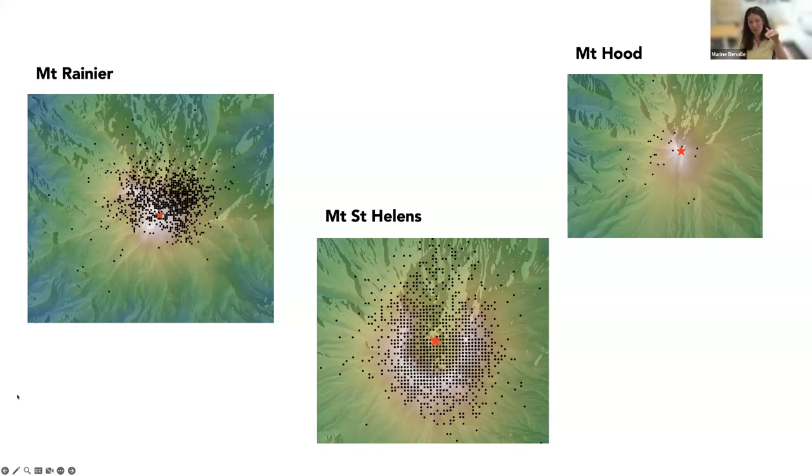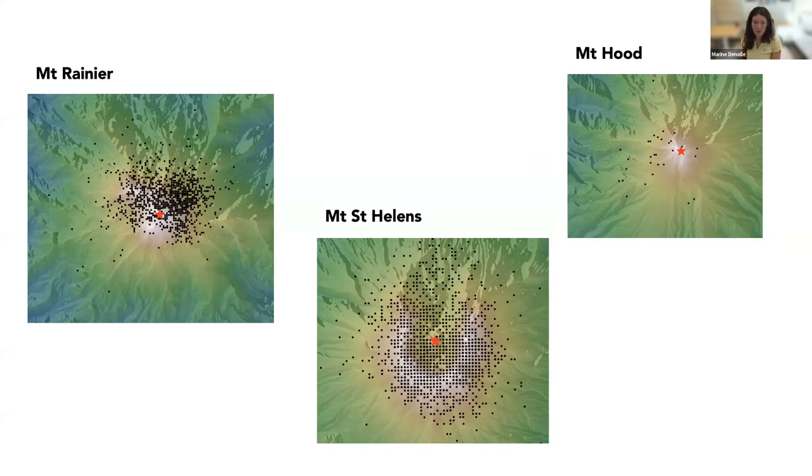And I know a lot of people climb it from the south, which makes me think maybe it was a safer route because there are fewer avalanches. Mount St. Helens, everything is in the crater and on the outside, so that seems to be quite normal given the active survey, and Mount Hood we were kind of out of luck, potentially a bad station distribution. But anyway, that was kind of an interesting piece of work.